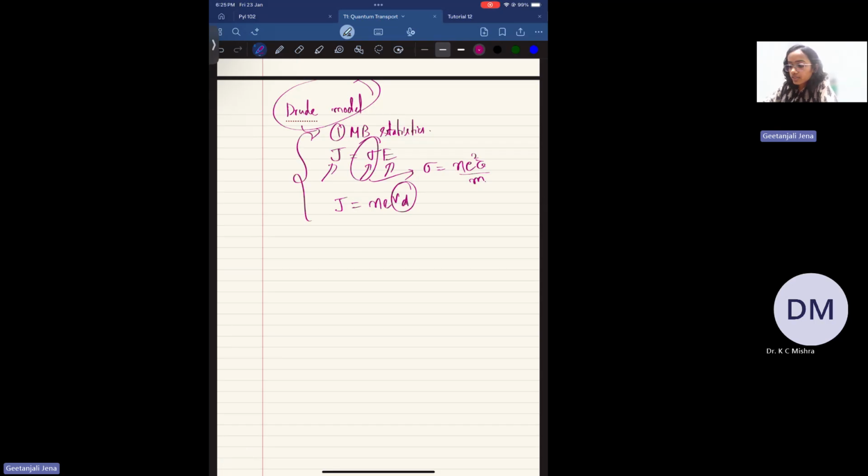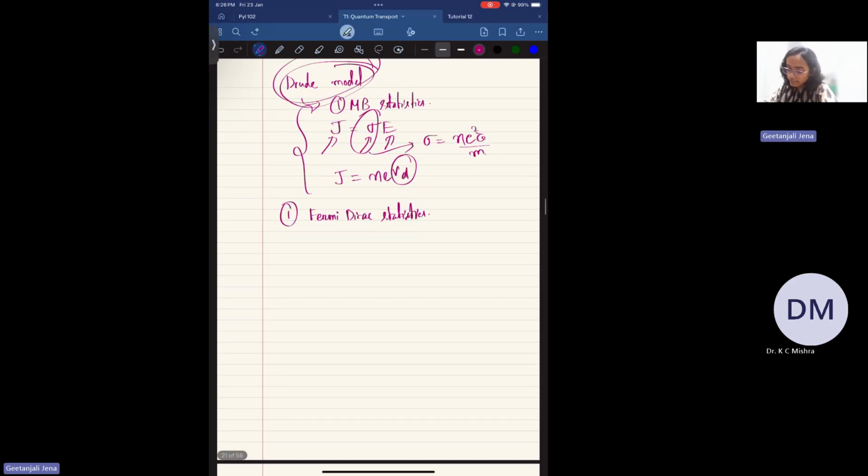But the main problem with this Drude model, first, if you recall, is that it doesn't consider the electron as a fermion. Electrons are fermions, so they should follow Fermi-Dirac statistics. The statistics considered here is Maxwell-Boltzmann, so this is not applicable everywhere. We have to consider Fermi-Dirac statistics.